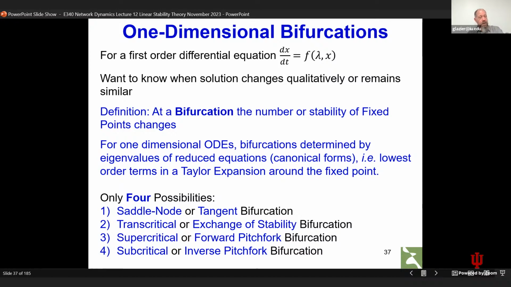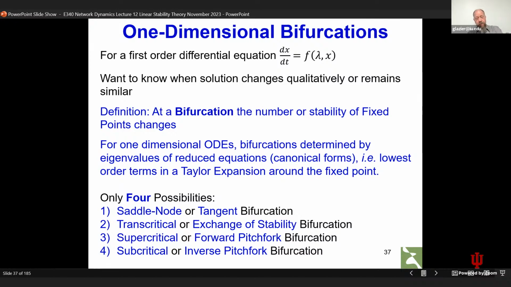There are 4 possible bifurcations in one dimension. We've seen some of them already. They have some rather, I don't know, descriptive names. The first one is called the saddle node or tangent bifurcation. The second one is called the transcritical or exchange of stability bifurcation.